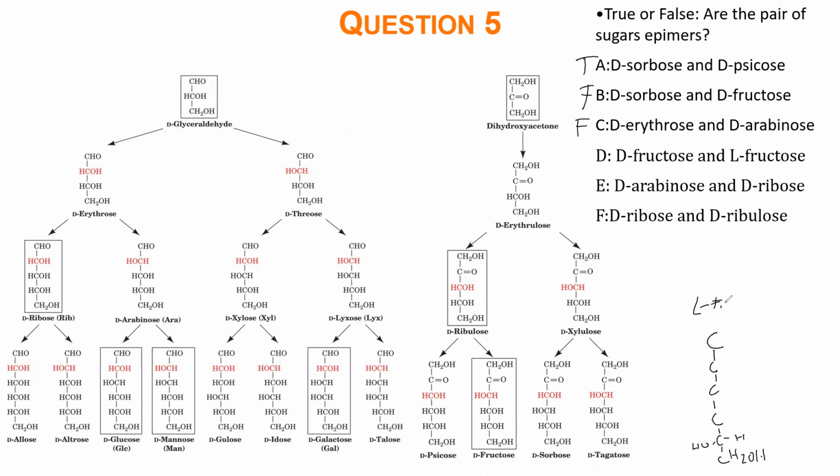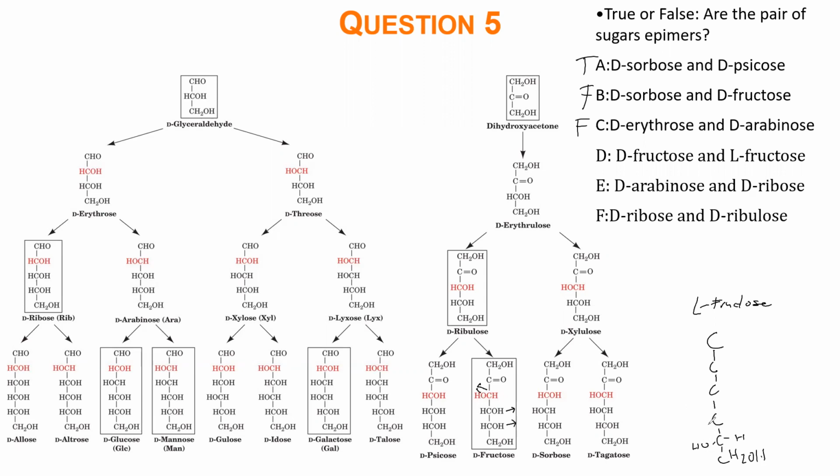So that's L-fructose. However, the one thing I didn't mention is, let me take a step back. The thing that makes this fructose is that the last chiral carbon is pointing this direction. The one above it is pointing in the same direction. And the chiral carbon is pointing in the opposite direction. That's fructose.